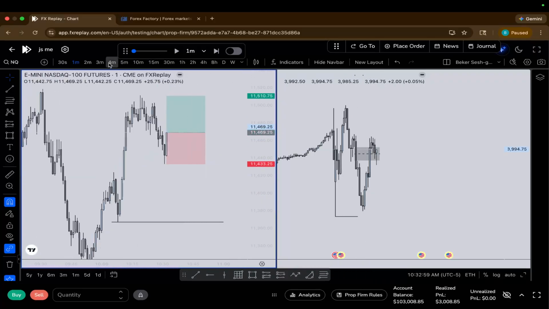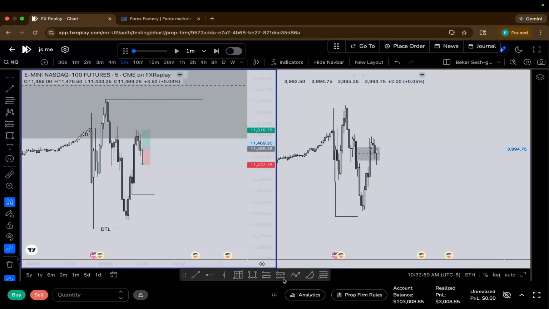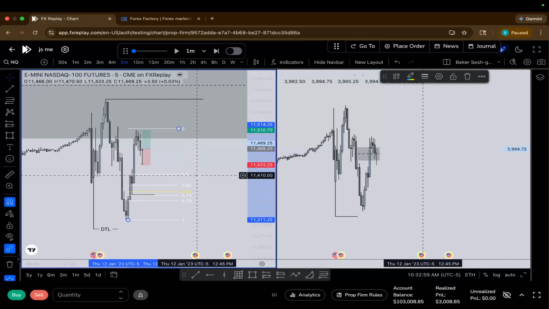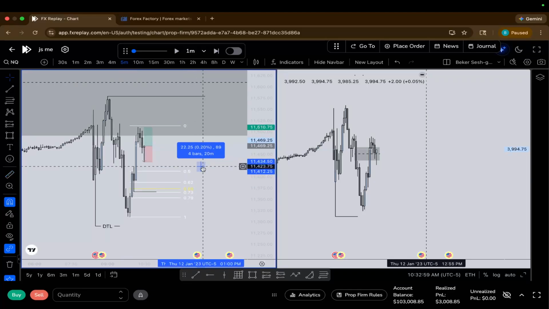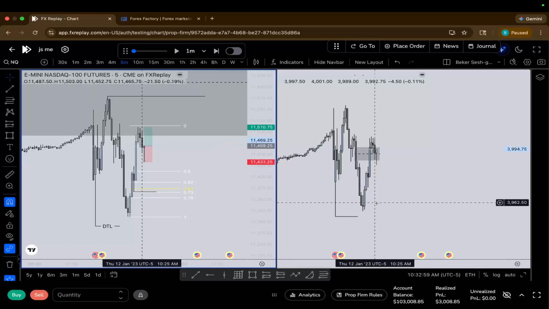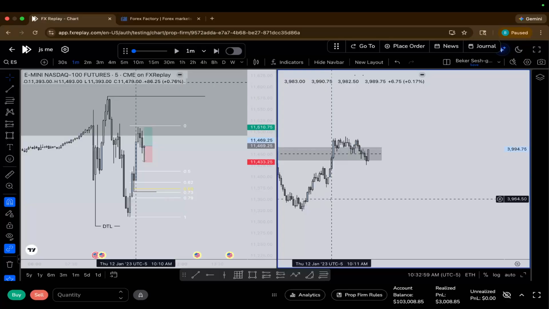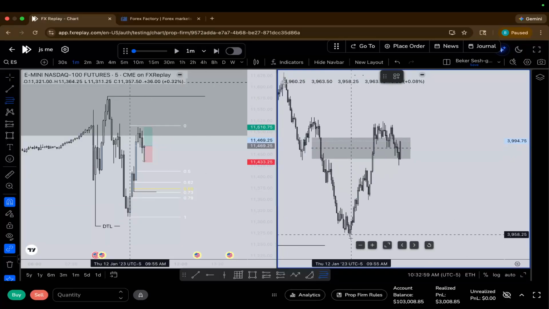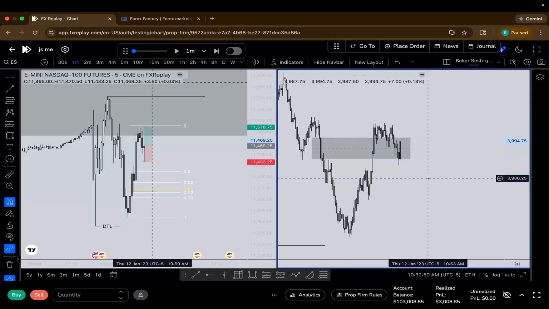However, what I don't like is where we are in the leg. We are not in EQ of the range. This is still a little premium, right? We have a solid 22 points of non-premiumness, right? That is really the only complaint I have with this setup.